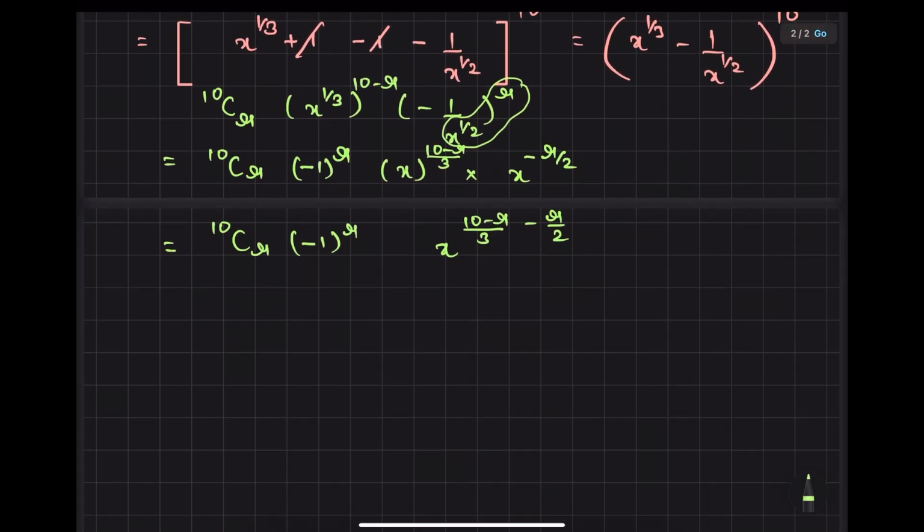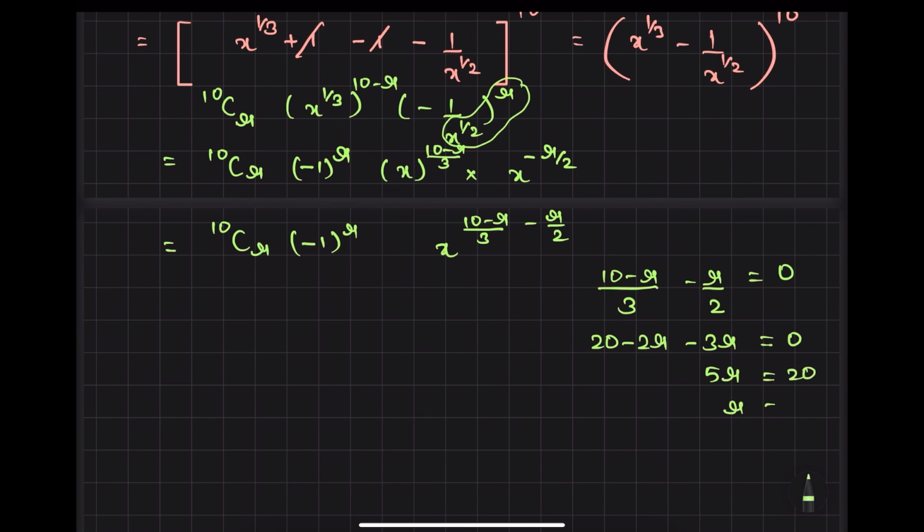This is only possible if (10 minus r) by 3 minus r by 2 contributes to 0. Correct? Let's do the simplification. So it is 20 minus 2r minus 3r equals 0. So can I write 5r equals 20? So r will become 4.